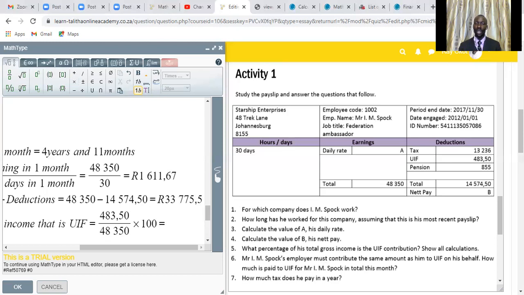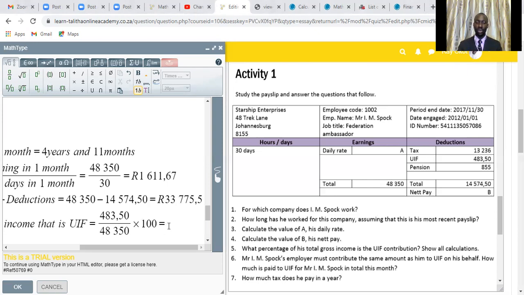Well, we get our calculator, and we want to divide 483.50 by 48,350. There, we get 0.01. Okay, then we want to multiply it by 100.